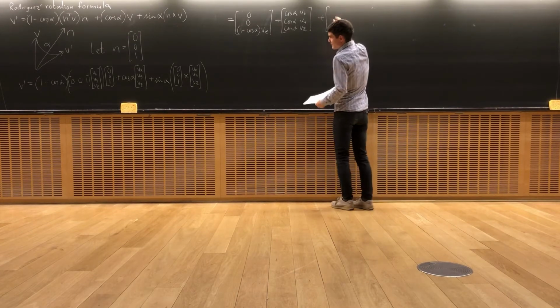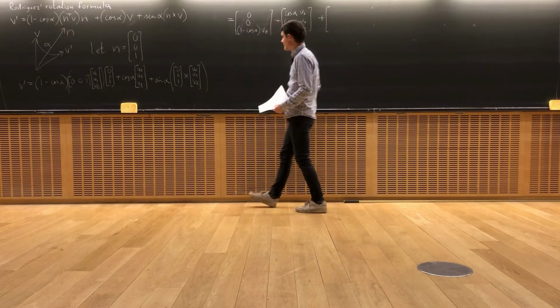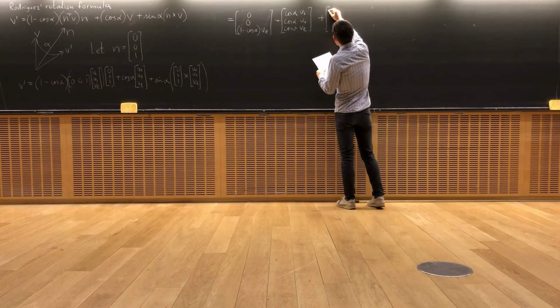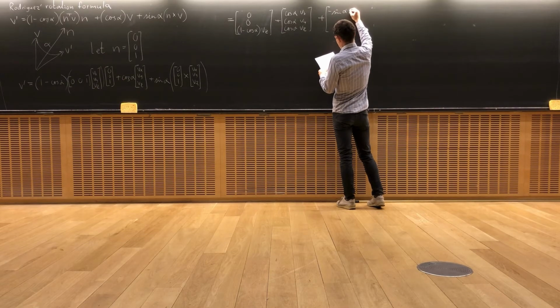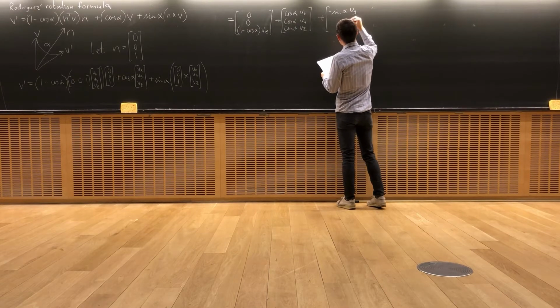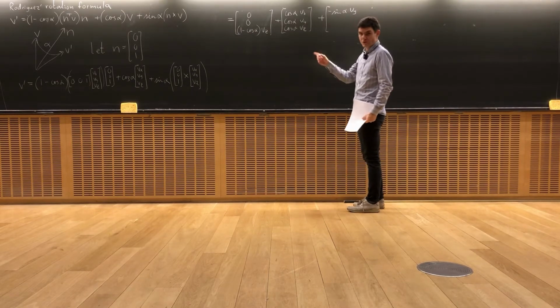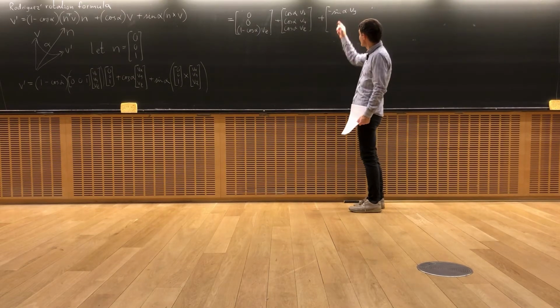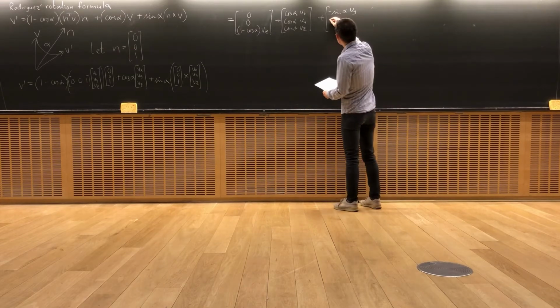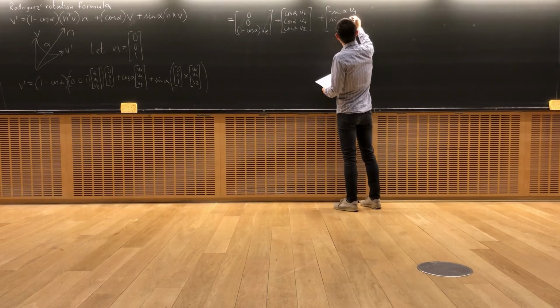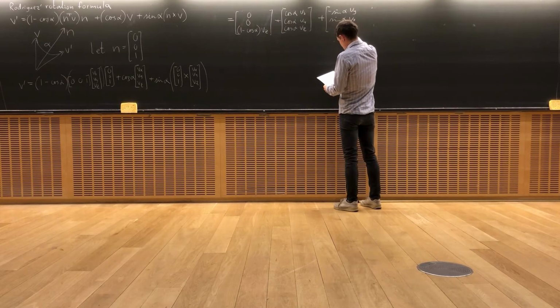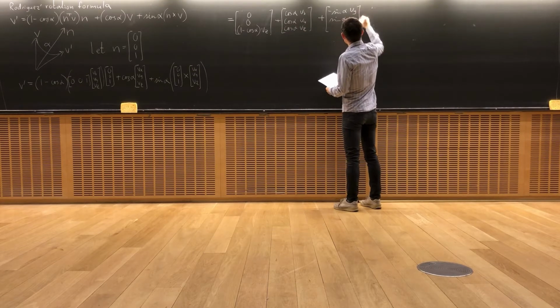So for the first one I get the vy, get the minus, and then the next slot I'm going to get vx, and then since it was minus here, that's going to be positive. And a 0.